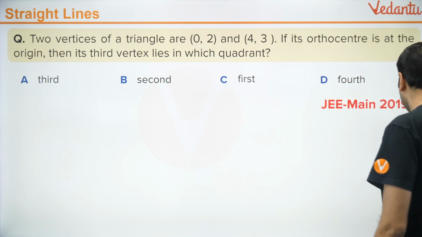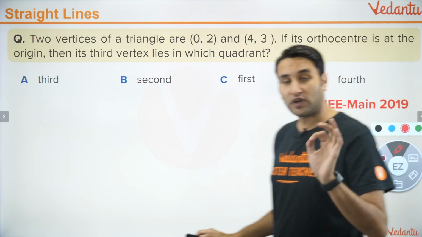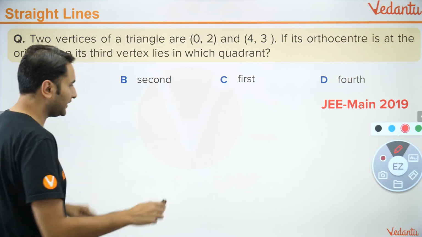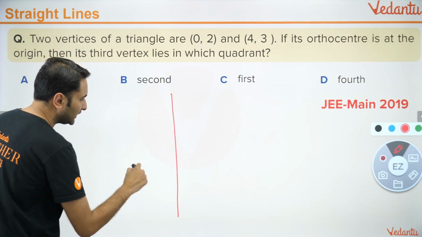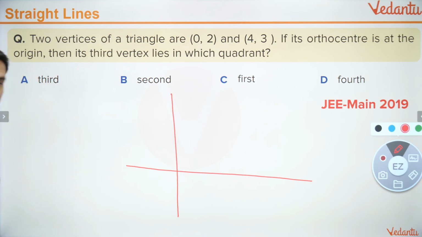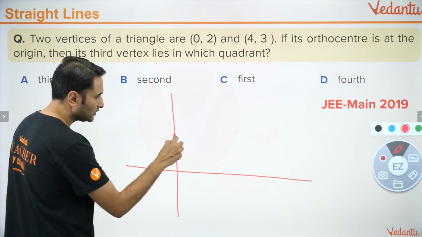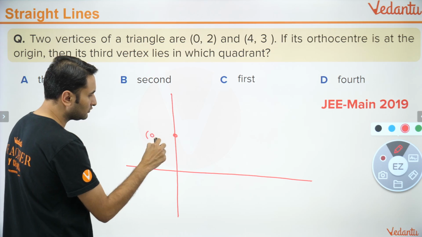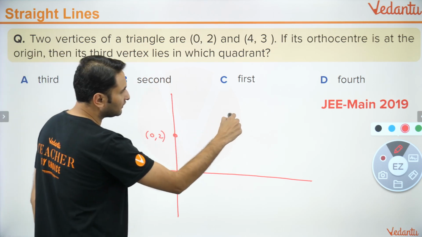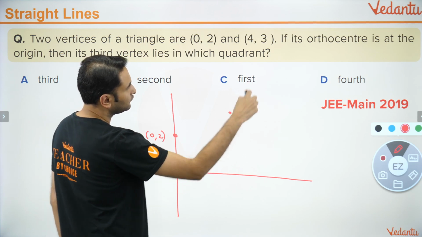Now watch carefully. Focus. All of you will not be able to understand in the first go. Let me try. Let us try to understand what the question says. It says two vertices of a triangle are given. One is 0, 2. So this is one vertex, 0, 2. Another vertex is this, 4, 3.